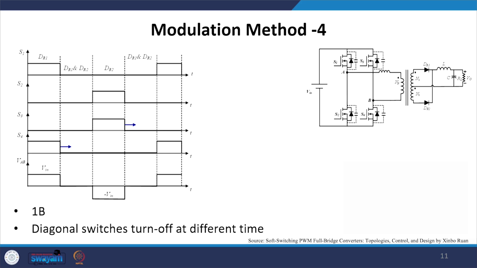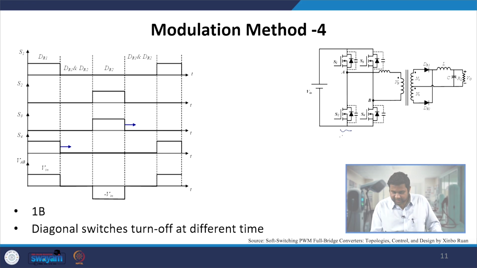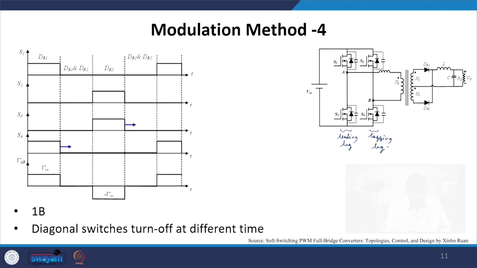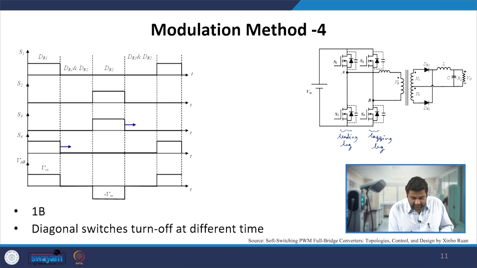Then comes the fourth possibility. In the fourth possibility, we are keeping the leading leg, which is the S1 and S2 switches, and not touching anything from the leading leg. However, we are increasing the lagging leg time by adjusting the turn on of the S3 and S4 switches in the backward direction by delta t, and this delta t is less than 1 minus d Ts by 2.